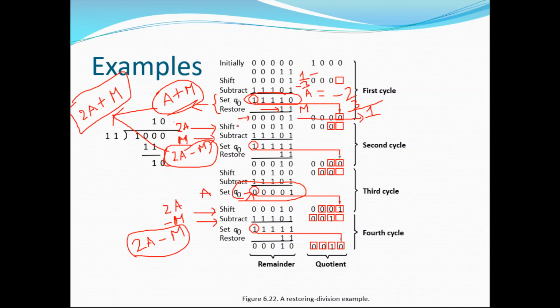Now you are left shifting this by 1 time. Left shifting, as already we discussed, is equivalent to multiplying by 2. So that means 1 into 2, this is 2. Then we are subtracting m. What is m? 3. So that is 2 minus 3. 2 minus 3 is minus 1.